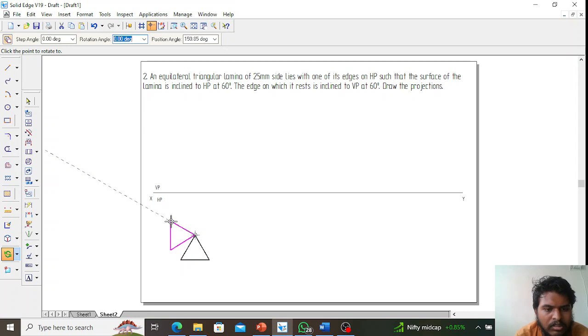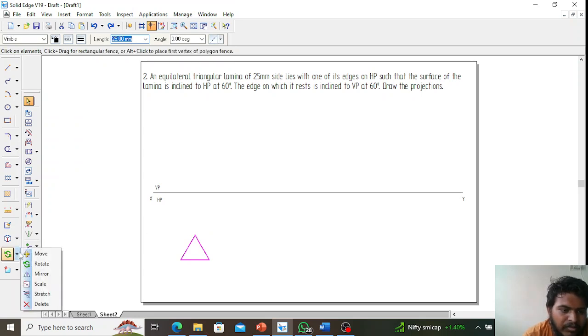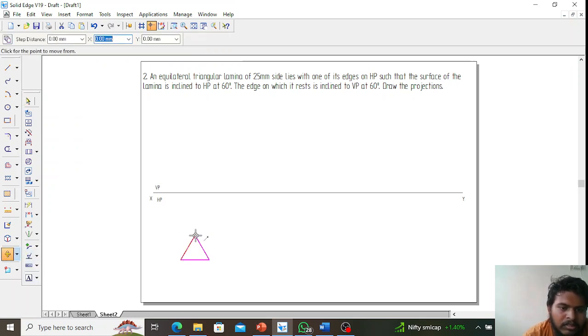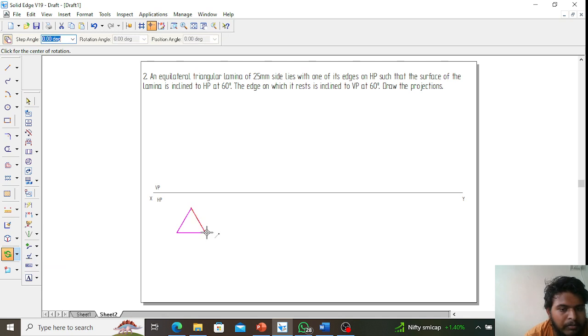Okay. We will select this triangle. Now we will move it upwards. Okay. Now I will choose the rotate option. I will select it from here to here, and then I will first shut this copy option.